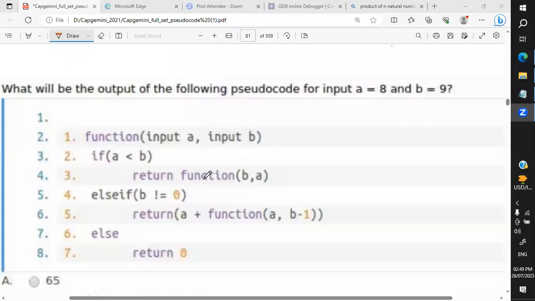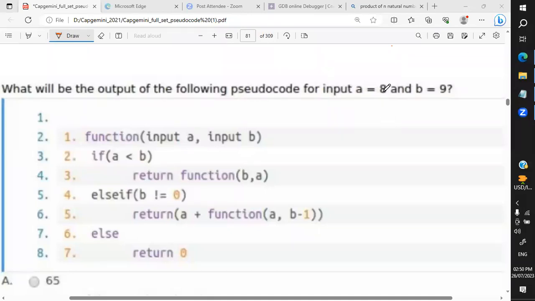What happened? Only two people got the answer. Others also make it fast. Okay, answer is 72. Everyone got it?